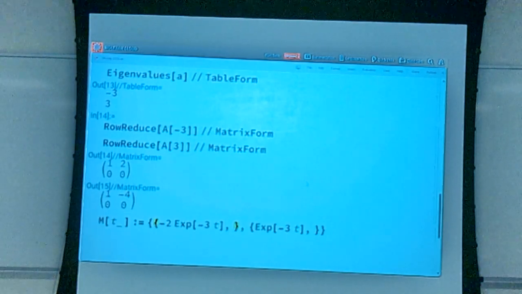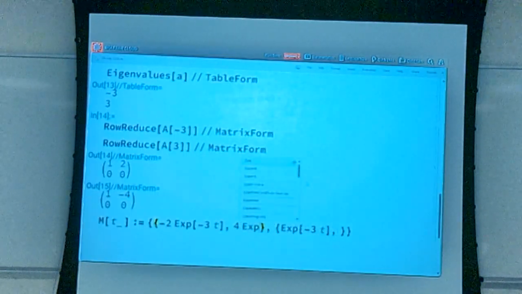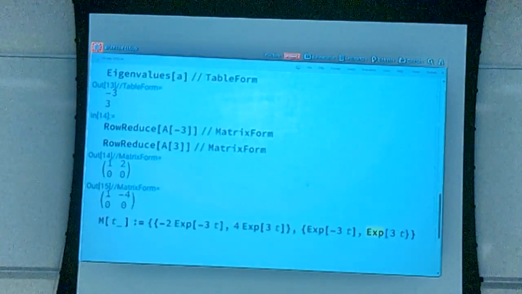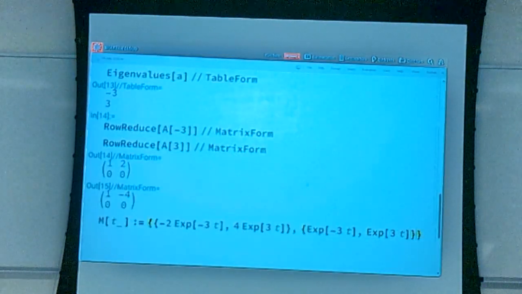The exponent of... not -3. Oh yeah, that one's positive. There's our fundamental.